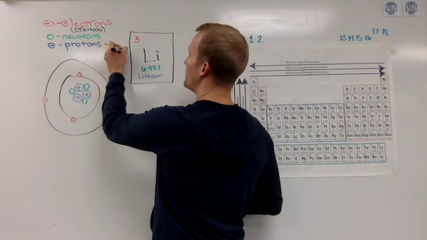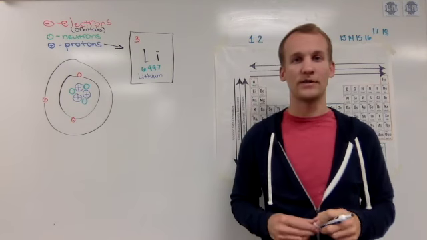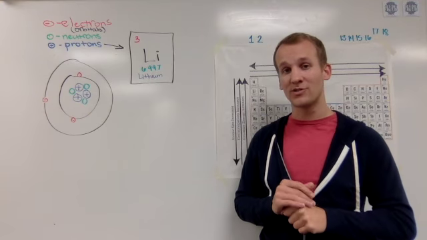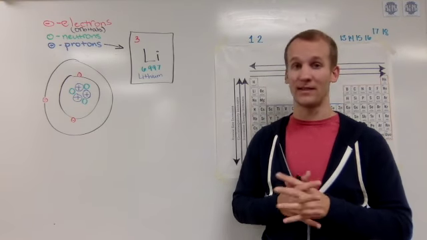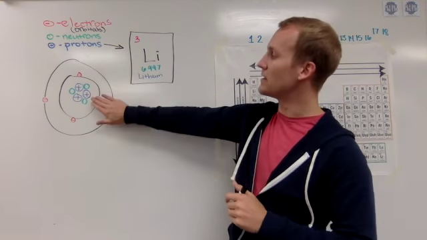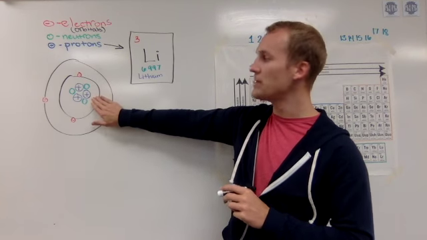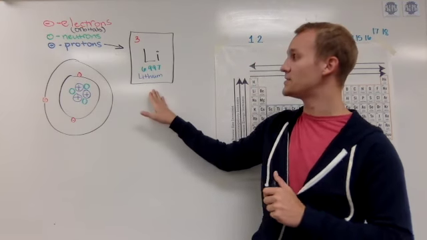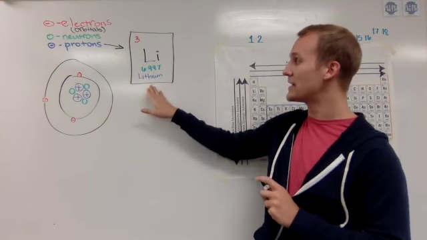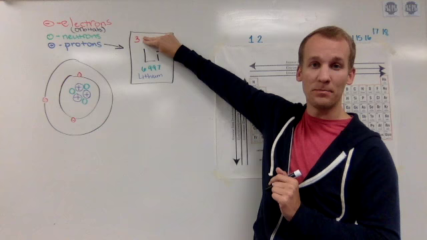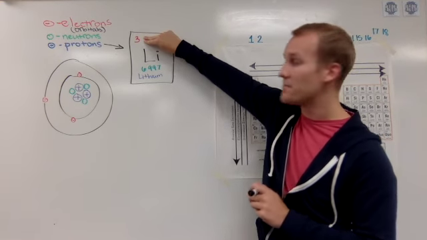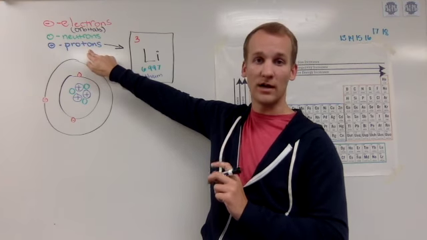The number of protons is directly going to tell you what element you are working with, because if that number of protons changes, then so does your element. In this element here, this atom that we have, we've got 3 protons in the center. Since we have 3 protons, that corresponds to an atom of lithium because lithium's atomic number is 3. That atomic number is always going to match your number of protons.